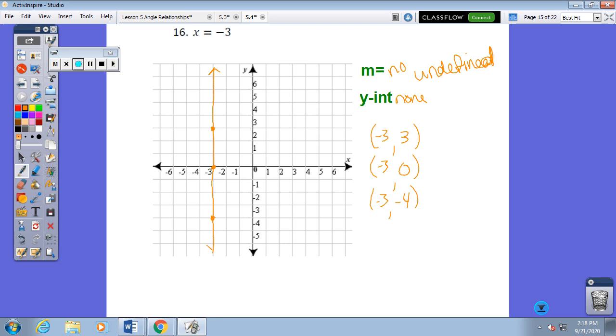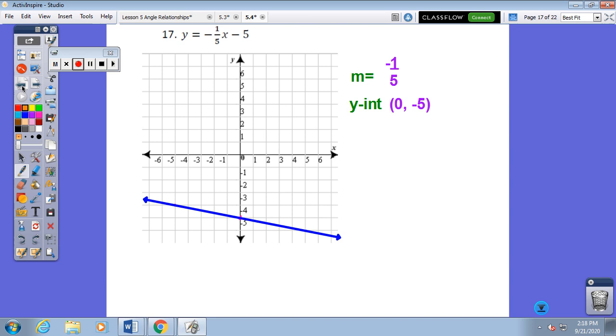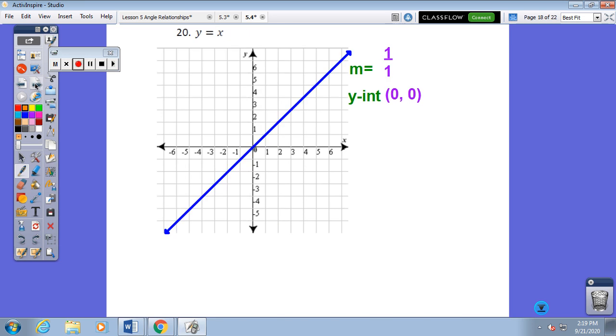See how it's going to be a vertical line, up and down, so it has an undefined slope, not zero slope. Check 19. Again, on this one, there's a plus 0, so your intercept is 0, 0. Oh, sorry. 17. 20, again.